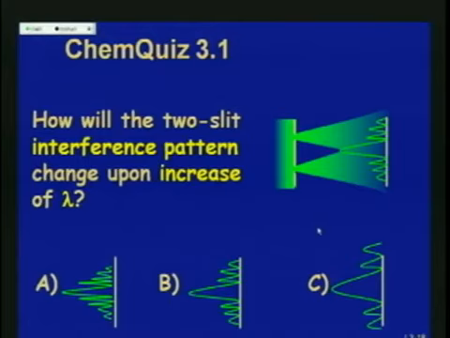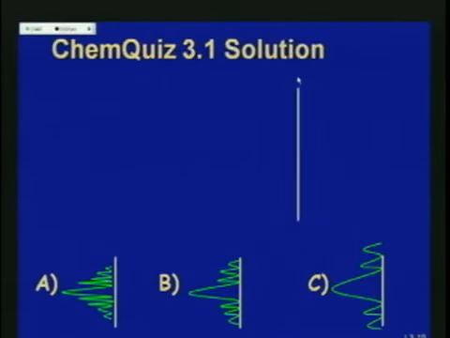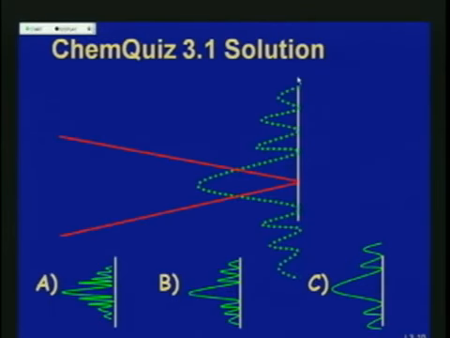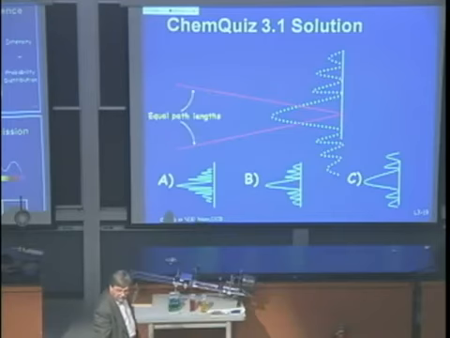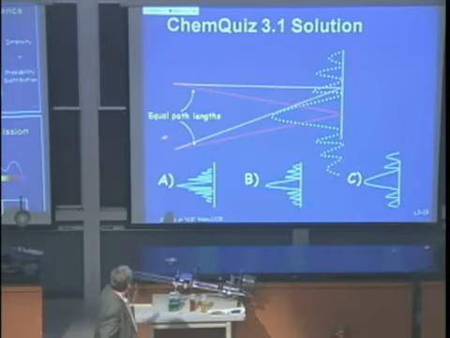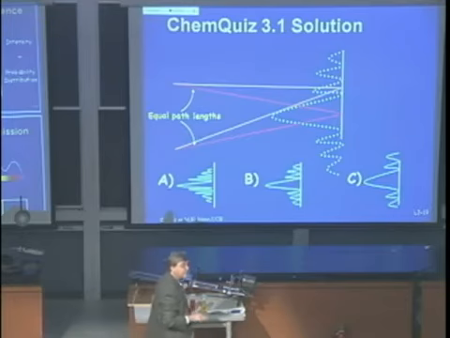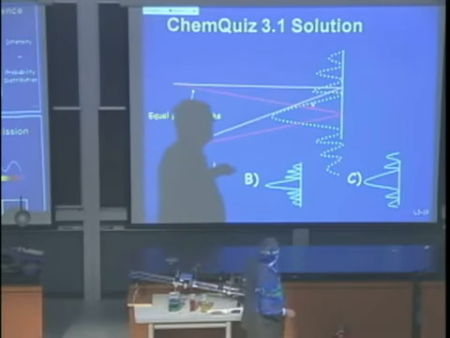Okay, that's exactly the right answer. Sure, it has to travel further if the wavelength is longer, then you get the pattern stretched out. That's why I explained it in such detail to you before, so that you get this right. So let's go to the solution here. You see, this is not a big deal. This will always be the same because the distance is the same, equal path lengths. But here, now you have to have two ups to get to the next point.